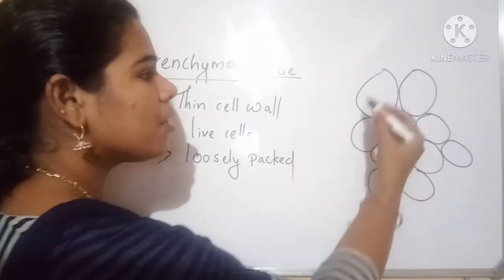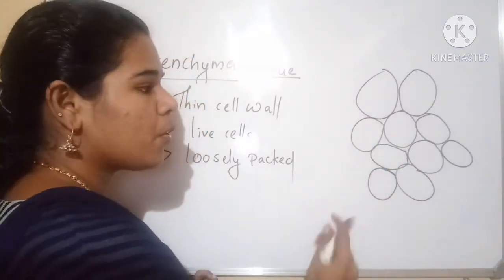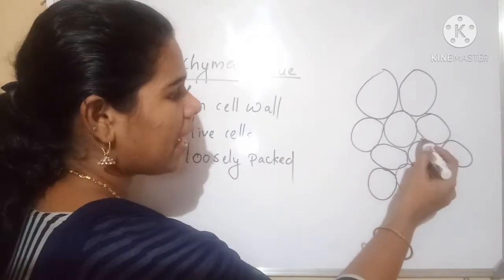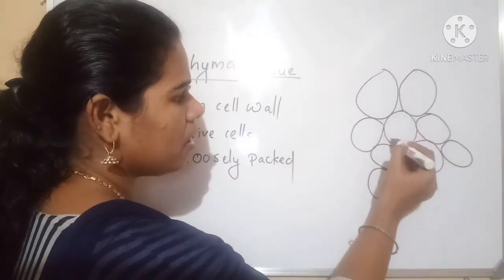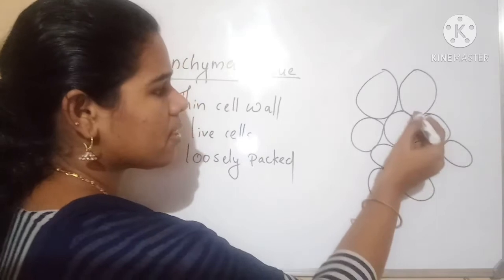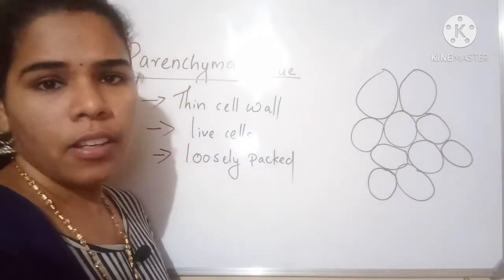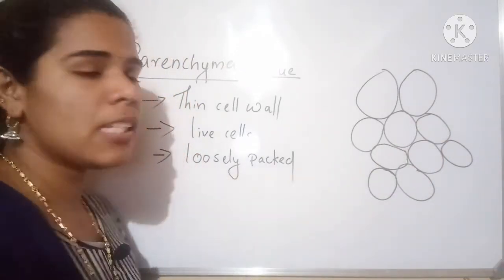Another feature of these tissues is that the cells have space in between them. We can see space, so that's why we call them loosely packed.